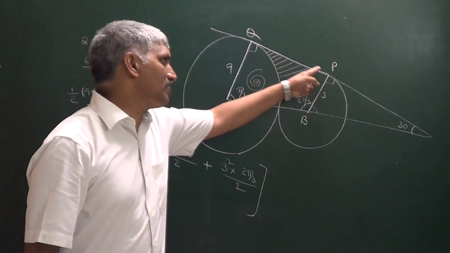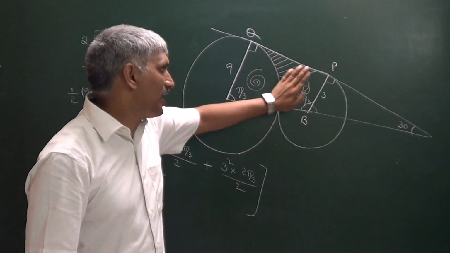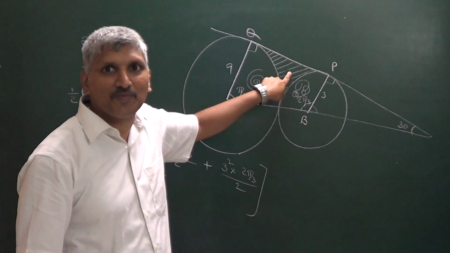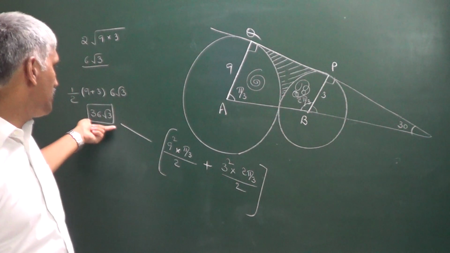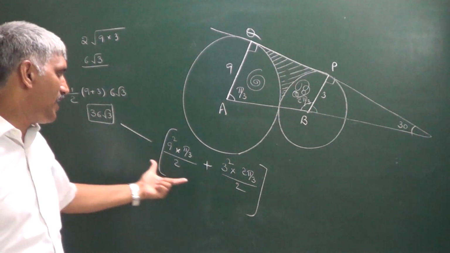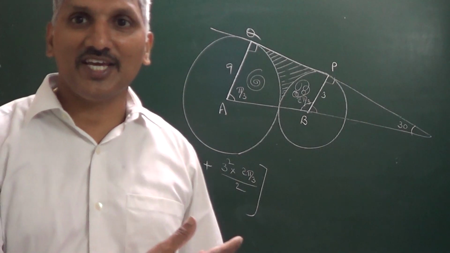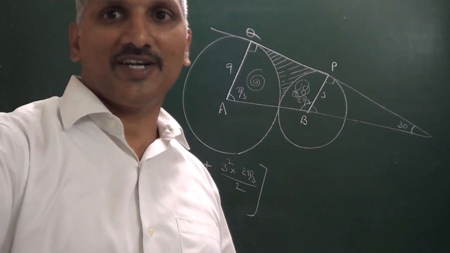From the trapezium area, we are subtracting this sector area and this sector area. You will get the area of this shaded portion which is required for us, right? So the area of the trapezium minus the sum of the areas of the two sectors, you will get the area of the required portion, right? So that is the way of doing this particular question.